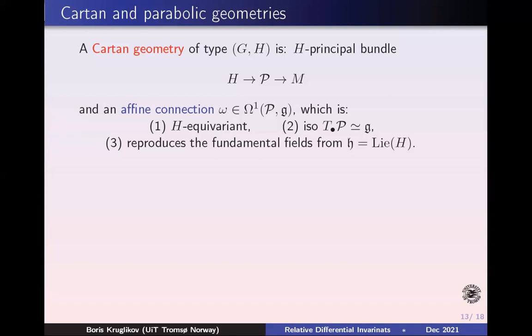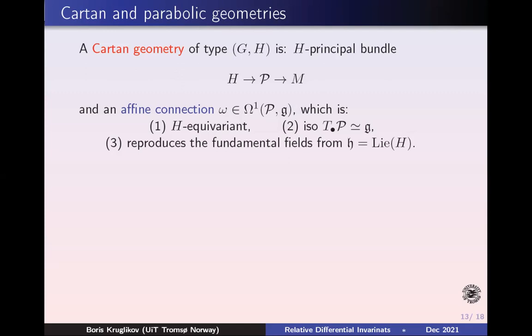It corresponds to an H principal bundle P over M, where the fiber is H, together with a connection omega on the total space, which is just a one-form on the total space of the bundle with values in the Lie algebra G, which satisfies three conditions: H equivariance with respect to the structure group H. Then omega shall be an isomorphism, so the tangent space to P is identified with G, and the vertical action reproduces fundamental vector fields.